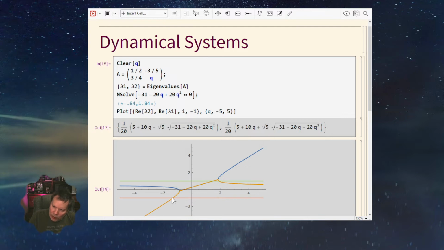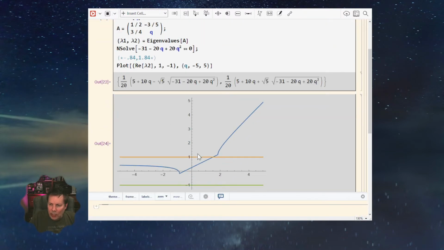I also notice that this blue curve here, the second eigenvalue, I'm not sure if that's actually getting hit. So I'm going to take that away for a second and see what happens. It turns out that it's hit up here, but not the other one. So I have the wrong one.